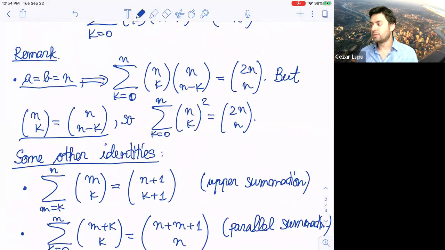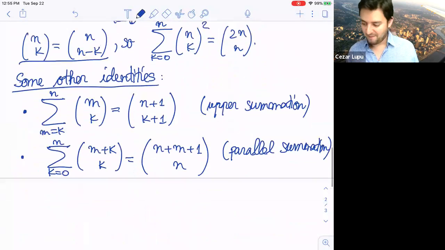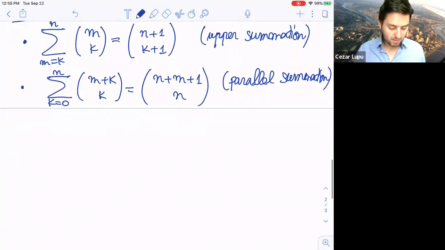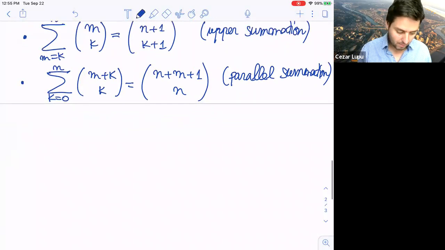And now let's do some problems. In fact, there are plenty of problems that I have in mind, but let me start with an easy one, with some old Putnam problems.